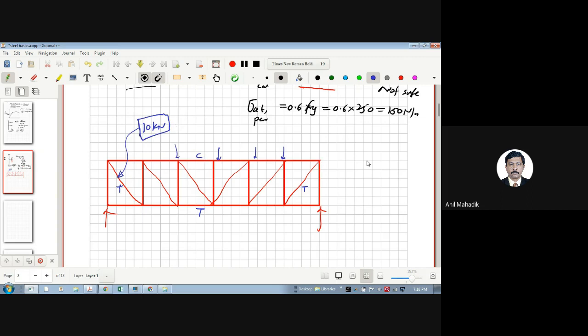Design this member using an angle section. How can you design it? We will choose one angle section from IS 800, select the area, then tension divided by area gives the actual stress.